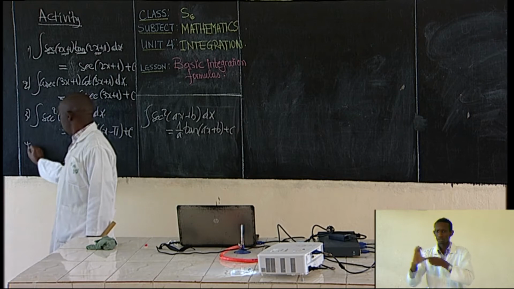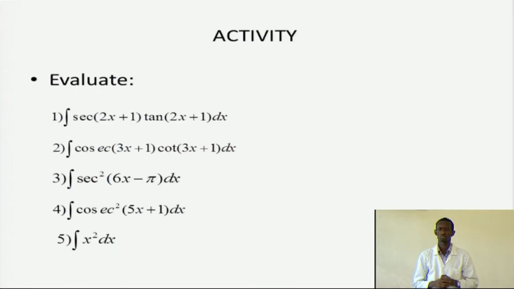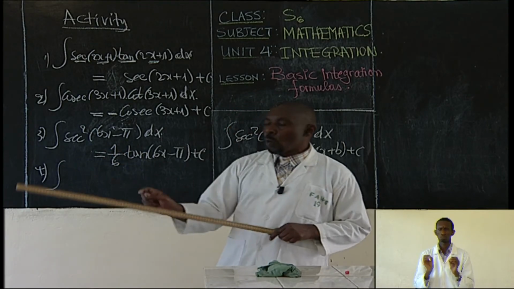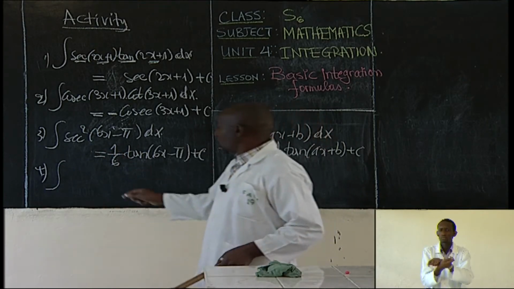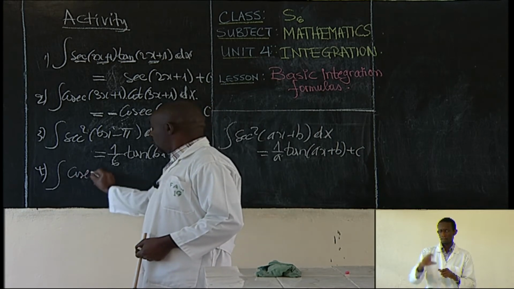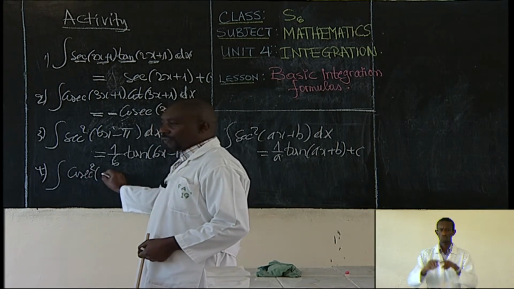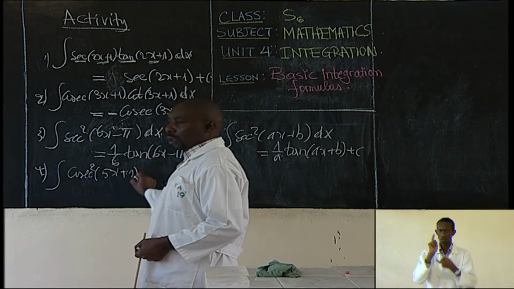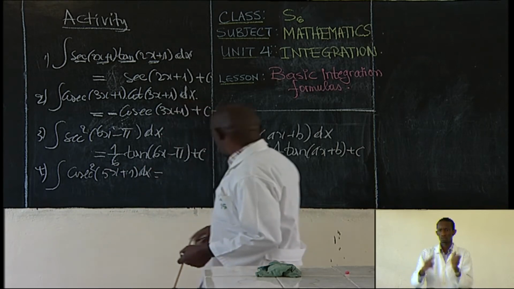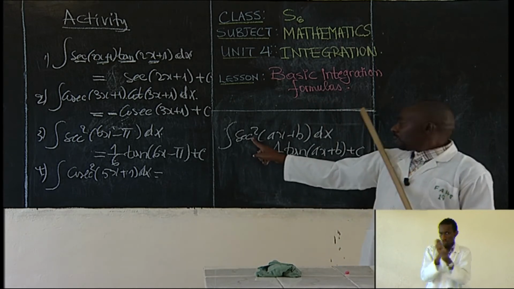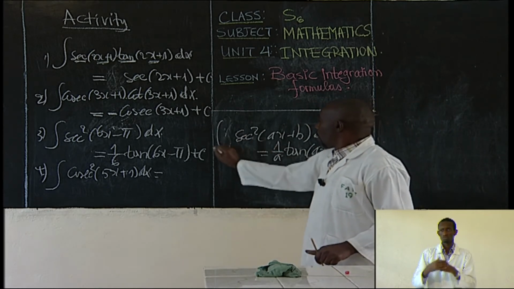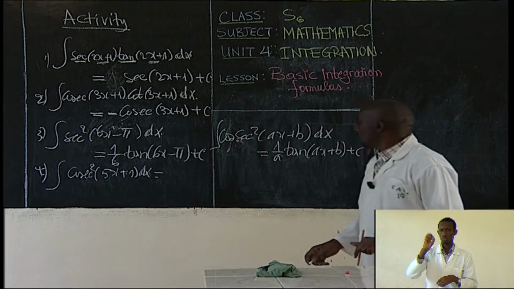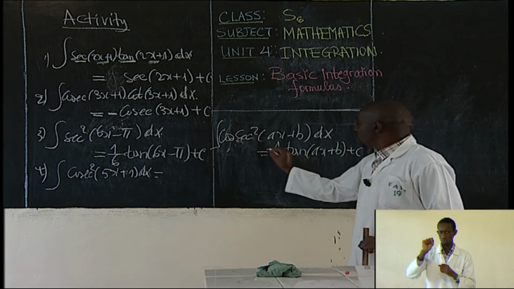Then number 4, the integral of cosec squared of 5x plus 1 dx is not different from what you have here, but we have to change the sign. So it means that integral of cosec squared of 5x plus 1 dx is equal to, if I change from this formula, I put cosec like that, I'll be having minus, right?